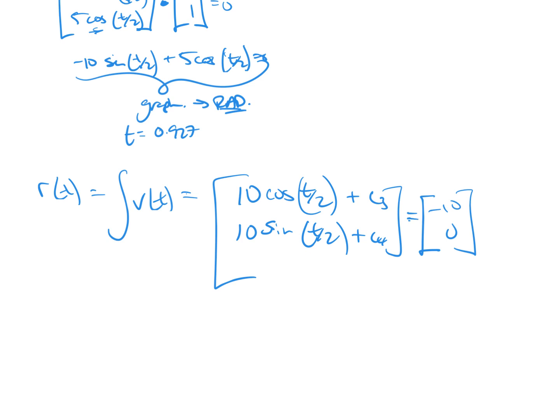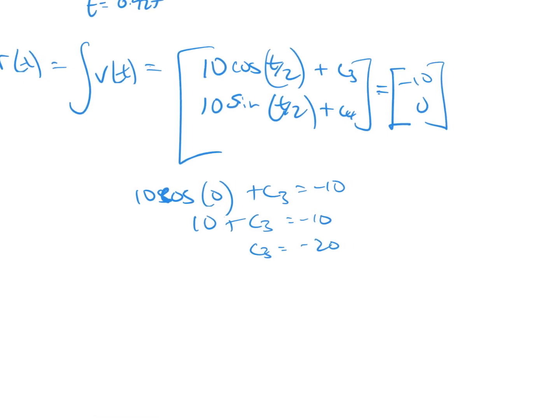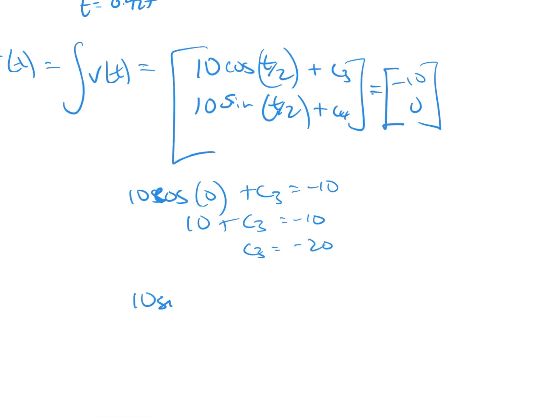So doing the x value, I know 10 cosine 0, because it's the initial value, plus C3 is equal to negative 10. And so that means 10 plus C3 is equal to negative 10, so C3 is equal to negative 20. Similarly, 10 sine 0 plus C4 is equal to 0.